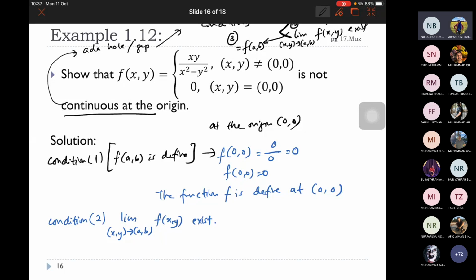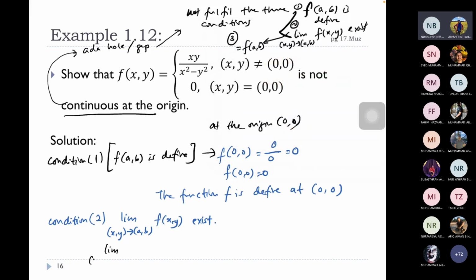Untuk contoh ni, limit of xy, okay, limit of xy approaches 0 untuk xy over x squared minus y squared. Does the limit exist or not?